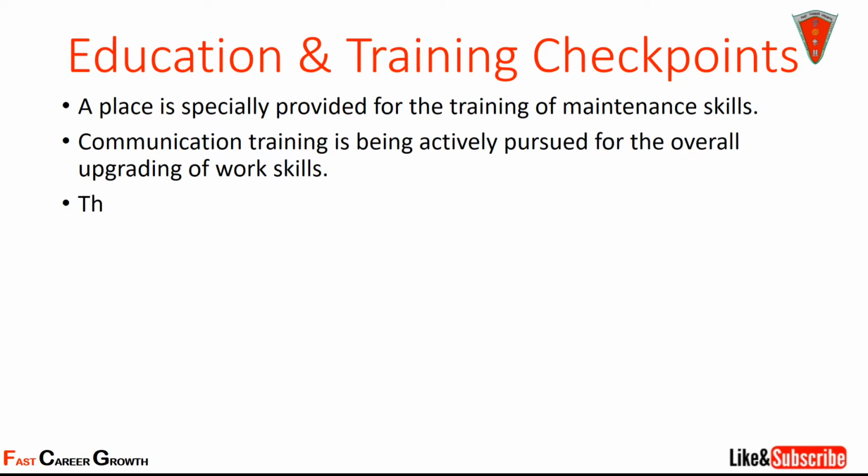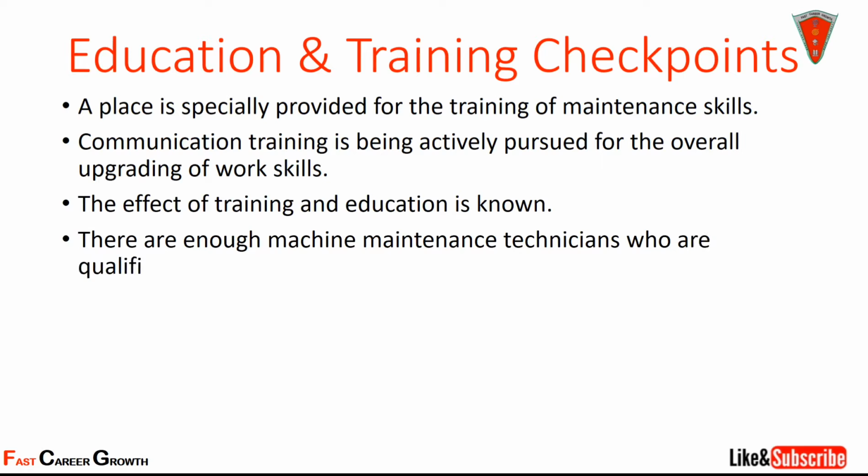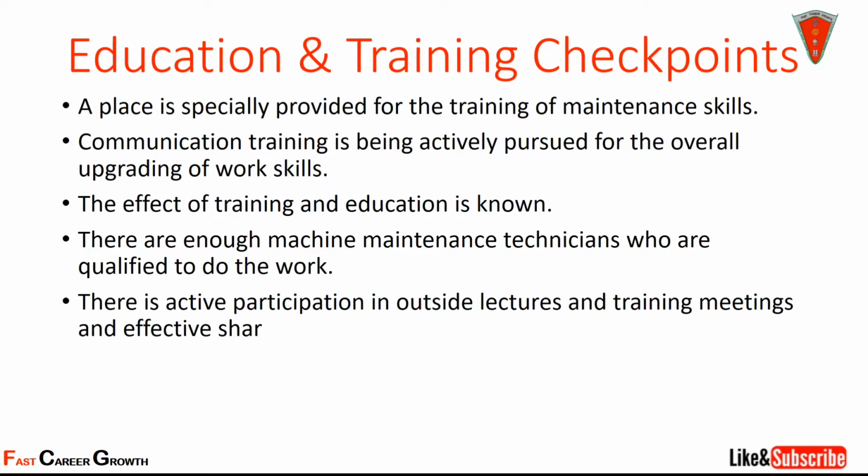The effect of training and education is known. There are enough machine maintenance technicians who are qualified to do the work. There is active participation in outside lectures and training meetings and effective sharing of data and information. These are the checkpoints of training and education.